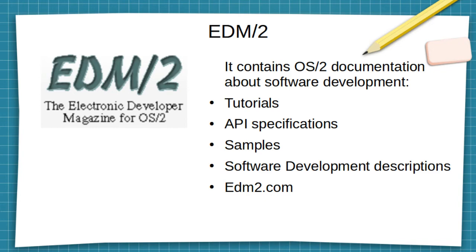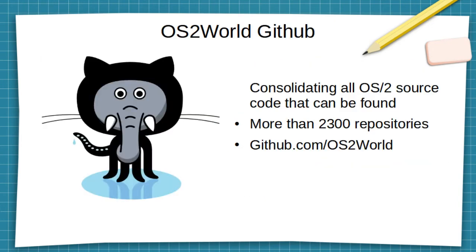And the other thing is the OS2World GitHub. Here is where every piece of source code I can find related to OS2, I stick it on the GitHub. Some people call it a graveyard for source code, because it doesn't mean the 2000 repositories are active.